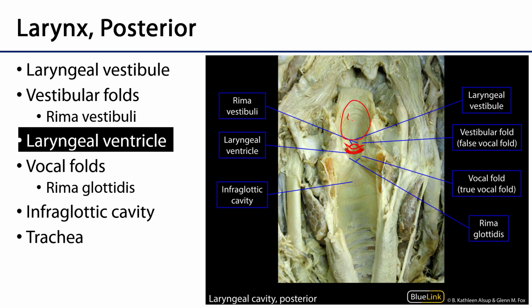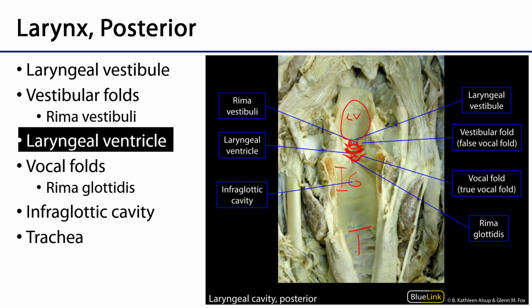So laryngeal vestibule into the rima vestibuli, into the laryngeal ventricle. And then through the rima glottis, that's the space between the vocal folds. And then below that is the infraglottic cavity. And that infraglottic cavity is going to be contiguous with the trachea.